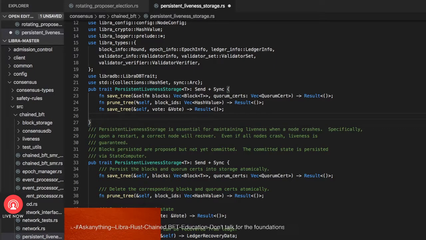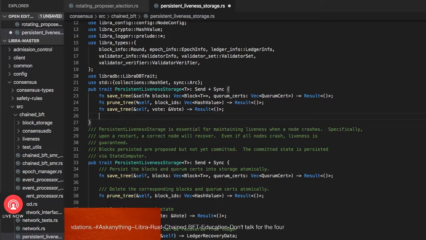So remember that it's an atomic broadcast. It's an interesting way to handle the point-to-point communication. Then we have the prune tree, which deletes the corresponding blocks and quorum certificates atomically. In this way you prune the tree, so you connect the best thing in the network.